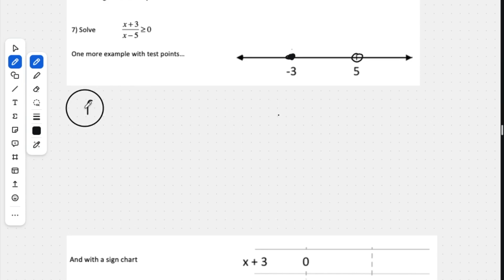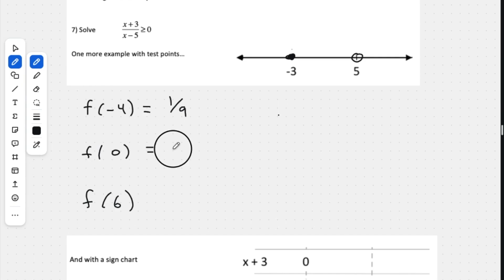Again, I think I may just write down what I got. So I tested -4, I tested 0, and I tested 6. And so plugging -4 in there, I got 1/9. Plugging in 0, I got -3/5. And plugging in 6, I got 9.